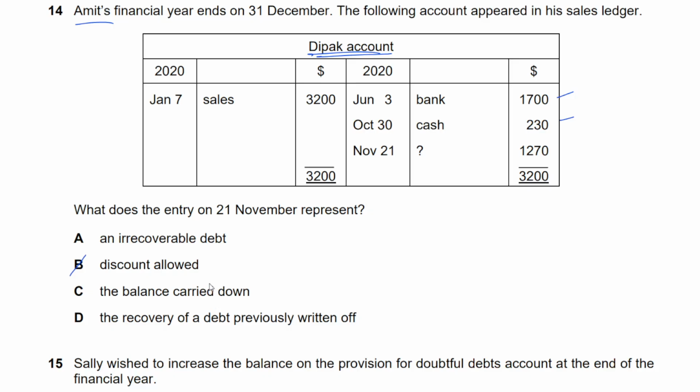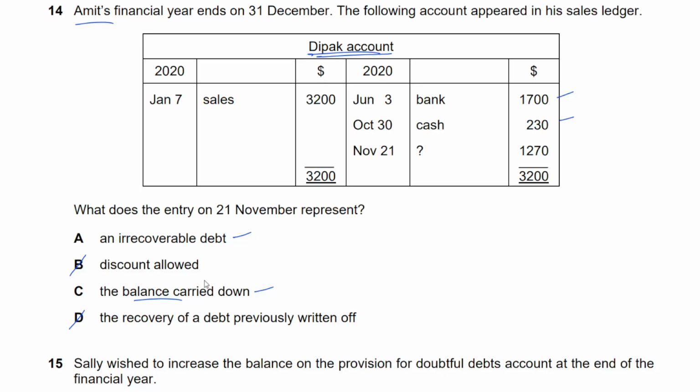Now, I was solving this with one of my students and I was a bit confused at first. These two options, they're both good, and by the way, it's not bad debts recovered. That's completely off the point. Is it irrecoverable debt or balance carried down? Both make sense. But the thing is, the balance carried down option does not make that much sense, to be honest.